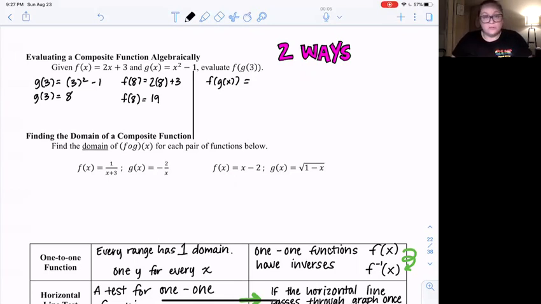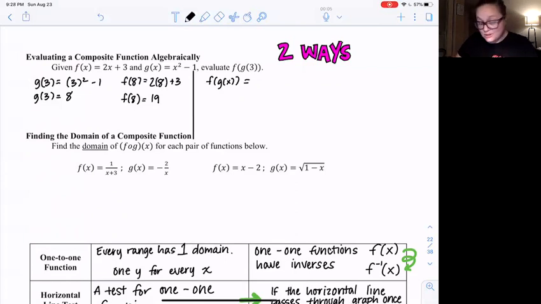Now this is usually pretty helpful and straightforward when you have nice little algebraic equations like x squared minus 1 and 2x plus 3. But when you have more unfamiliar functions, or maybe you have a natural exponent or a natural log, it might be more helpful to do it the other way, where you figure out what the composition looks like and then plug in your value.